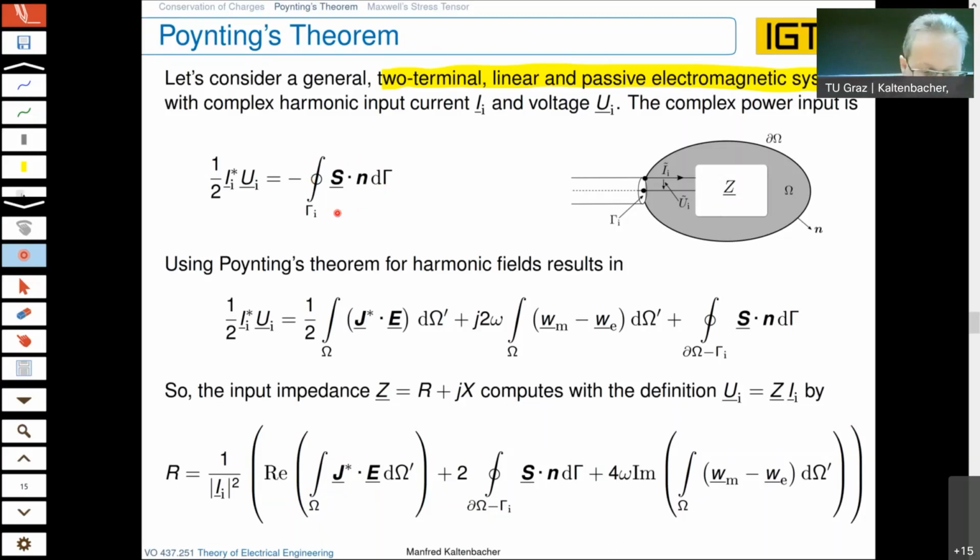Now, from the complex power on the input, clearly we have to take here the current and the voltages. The underline again means that we write it down in the frequency domain, and therefore voltage as well as current are complex, but we know they have the amplitude and the phase.